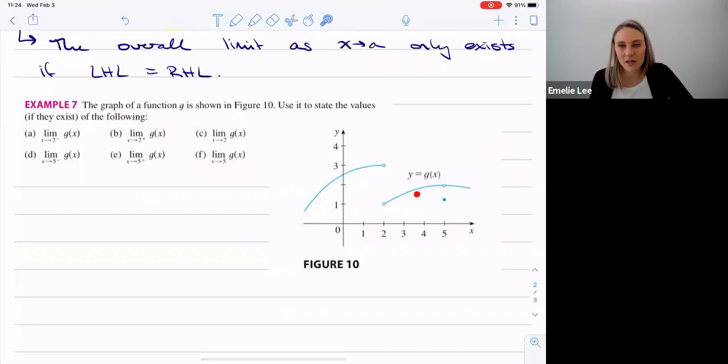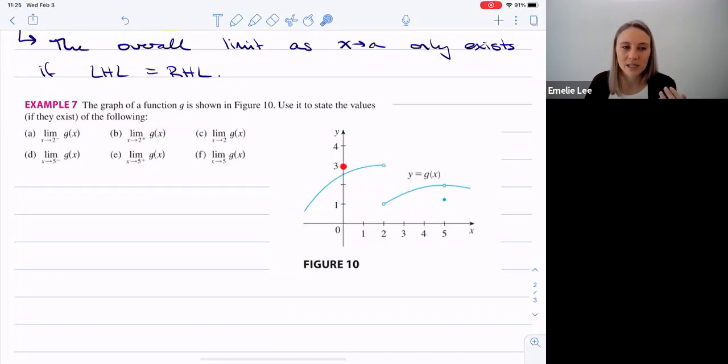Sometimes, if we have the graph, then finding the limits is really easy. We can just look at the y value at these points. So the limit as x approaches 2 from the left: I'm coming in on g of x and approaching x equals 2 from values on the left, and I end up at y equals 3.